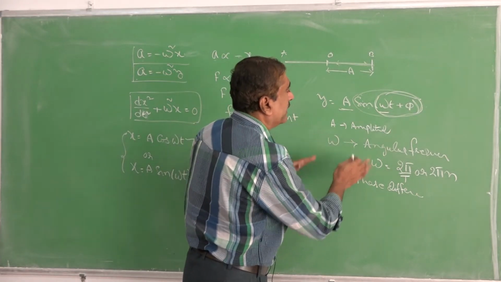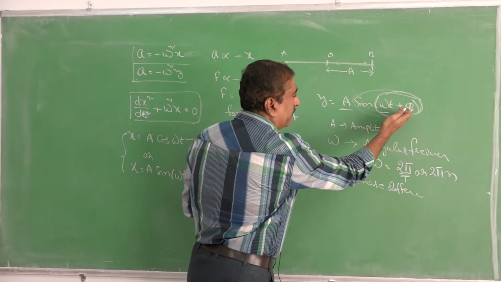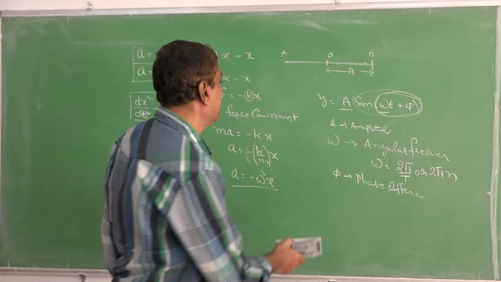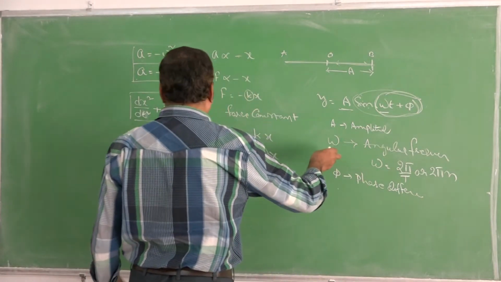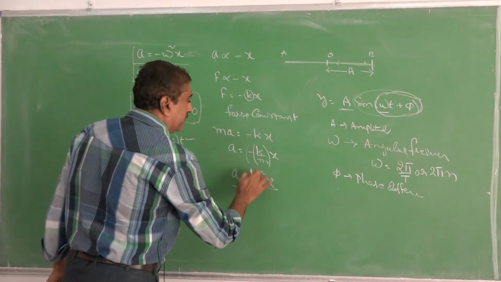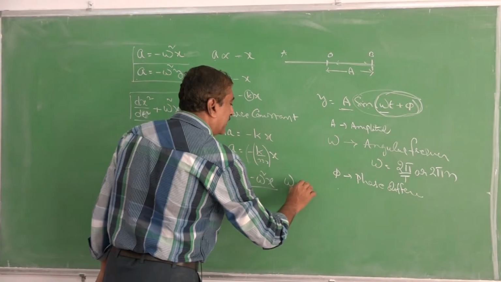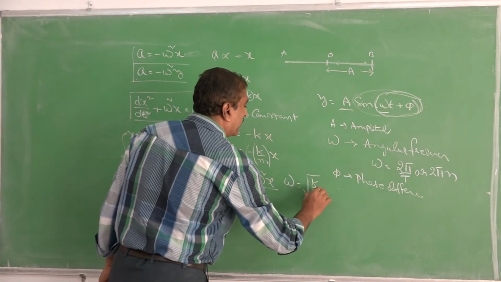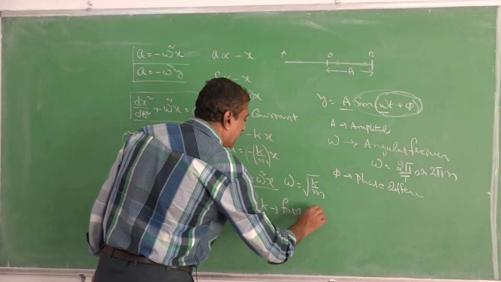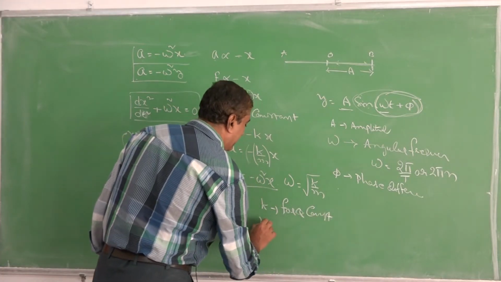Now, in this equation, we have to decide when to use phi and when to omit phi. And from these two comparisons we can also write omega is equal to square root of k by m, where k is called the force constant and m is the mass of the particle.